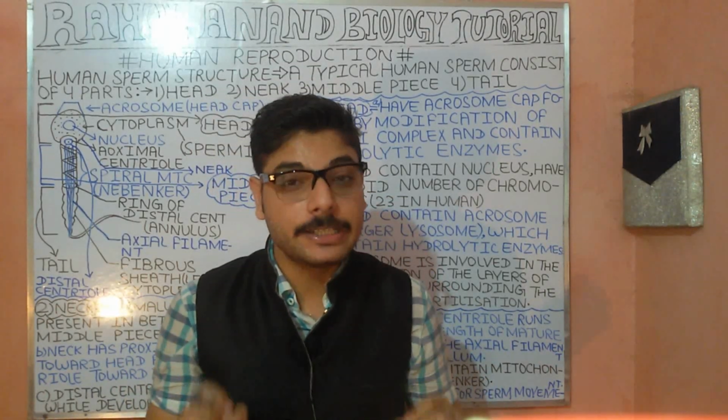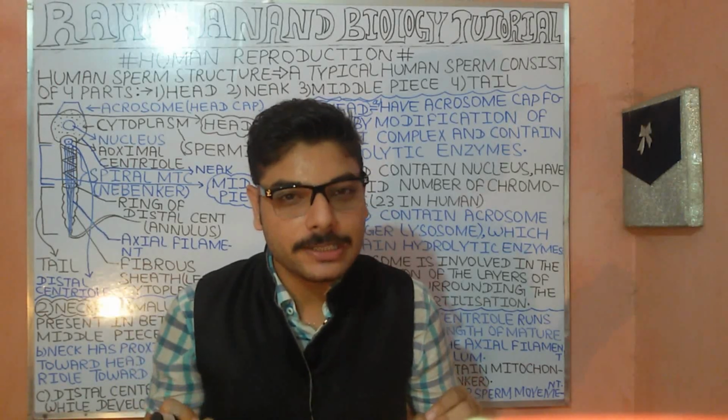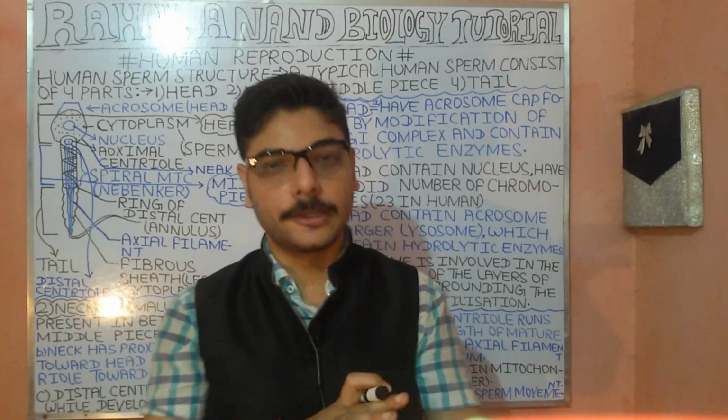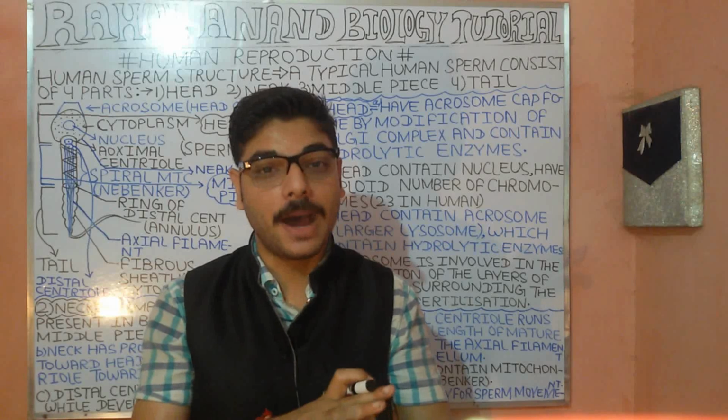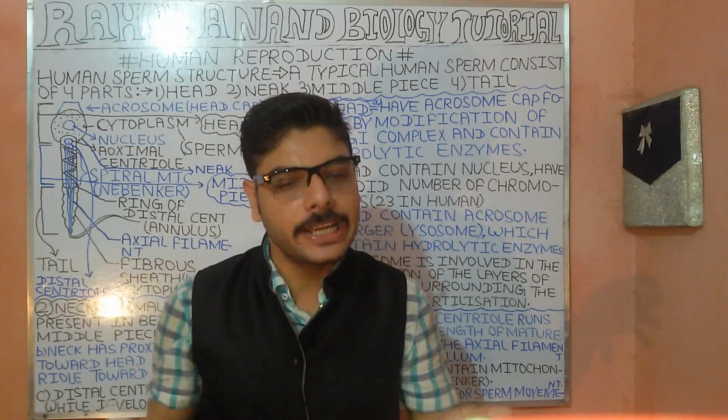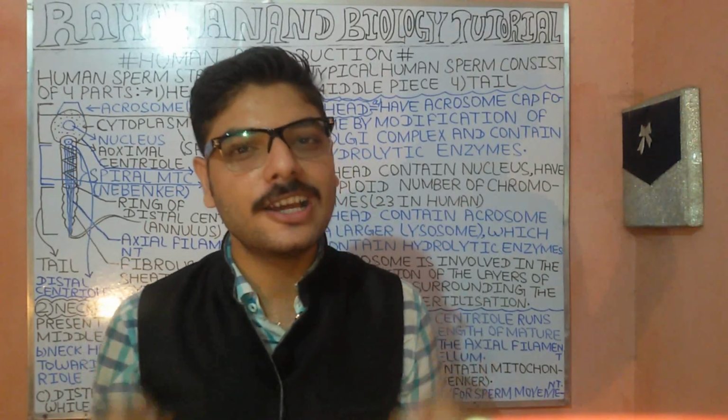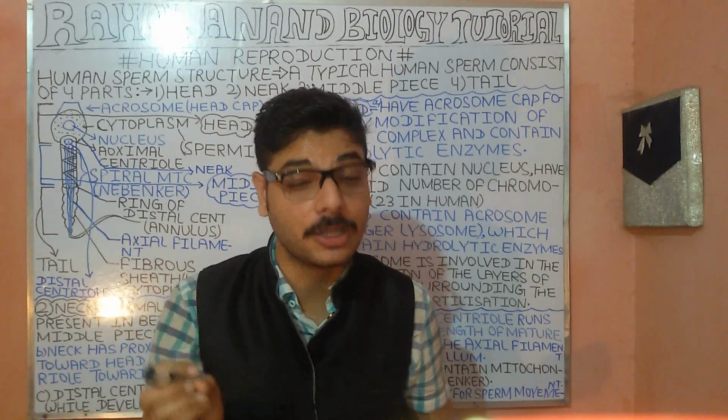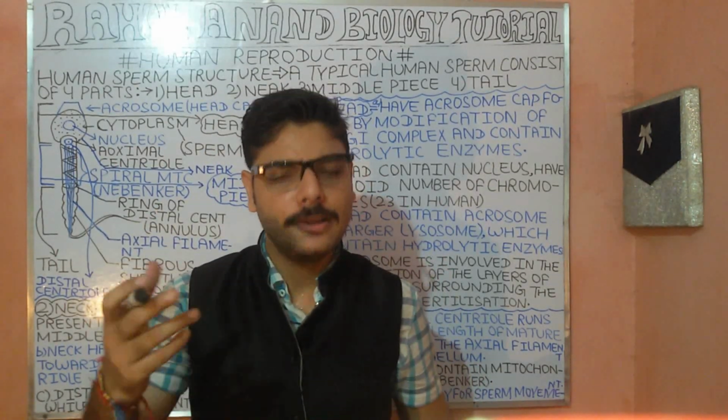The distal centriole elongates during sperm development. Its important role is that it runs throughout the rest of the sperm, ending at the axial filament of the tail, towards the flagellum.